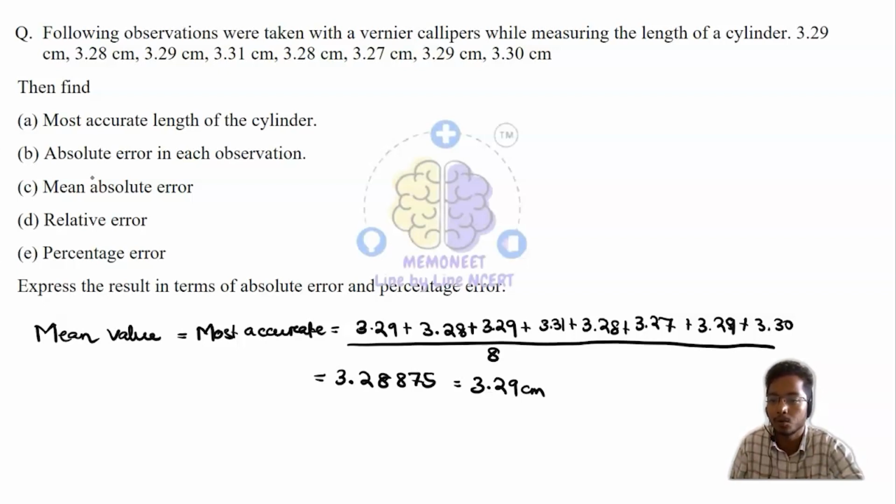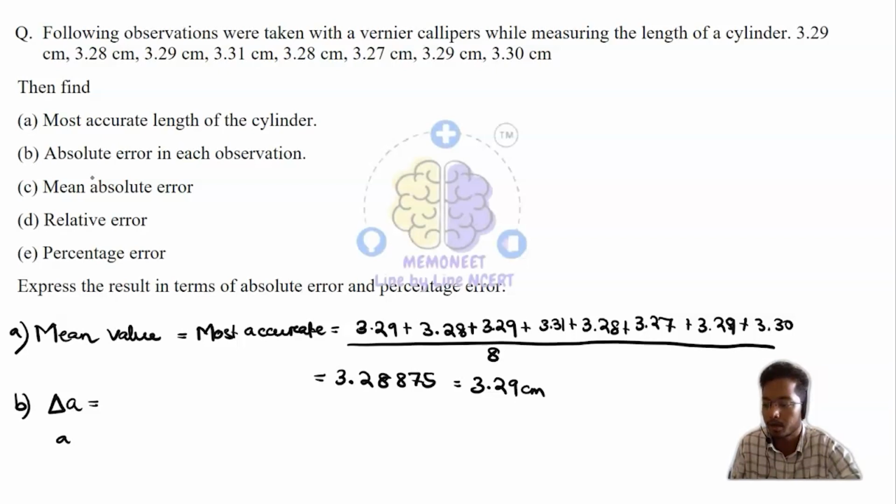What will be the absolute error? For the absolute error, del A is equal to the observed value given here minus the mean value. For the first step, it is 3.29 minus 3.29.